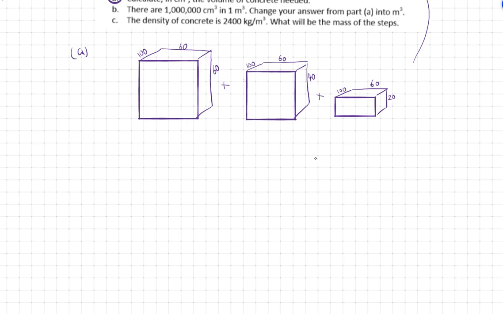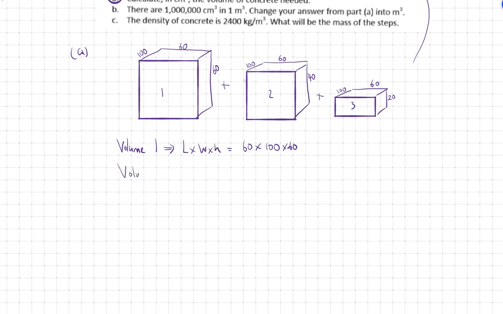So therefore the volume for the first one, that's 1, 2, and 3. Volume 1 is going to be length times width times height. So this is going to be 60 times 100 times 60.